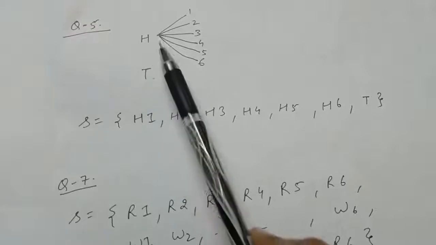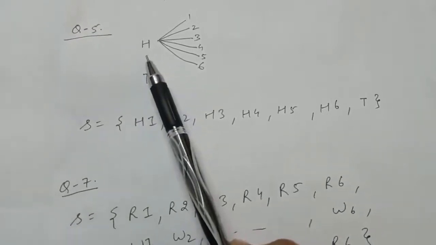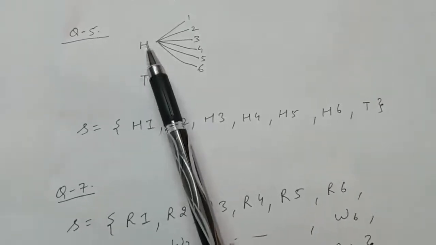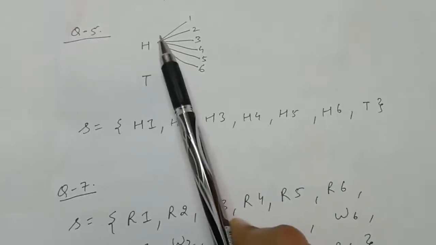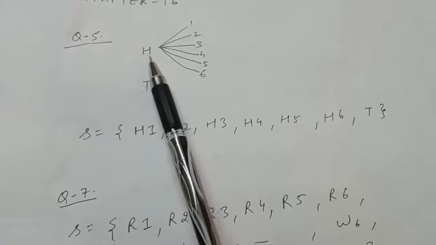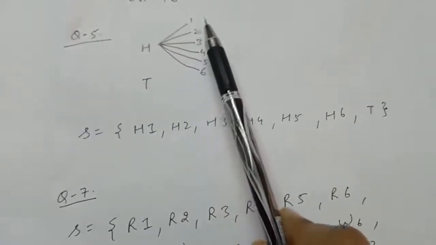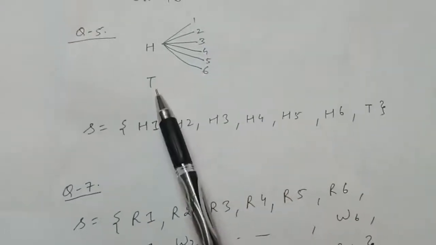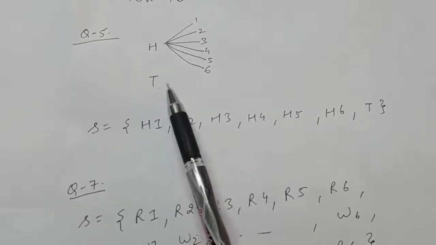If head comes on the coin, then you have to roll a die, and the outcomes can be these 6: 1 2 3 4 5 6. And if tail comes, then we will do nothing, we'll stop our experiment, right?